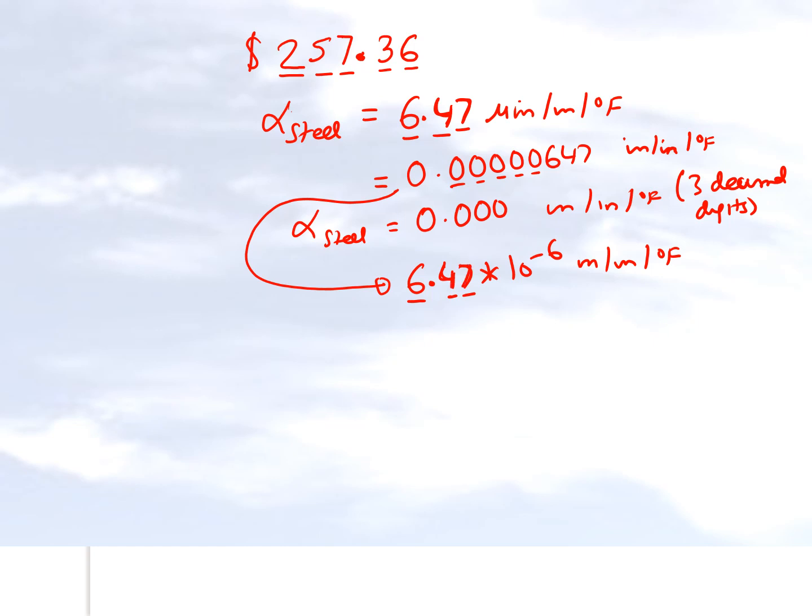This particular format is called the scientific format, or what we may also call the floating point format. The reason it's called a floating point format is because the decimal point is floating from one place to another. It was here, and now it is right there.